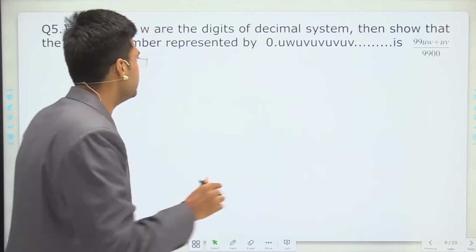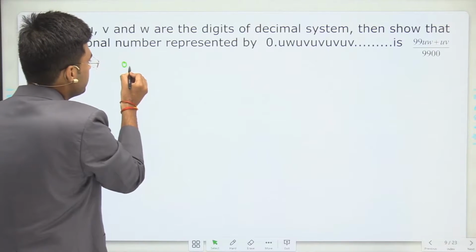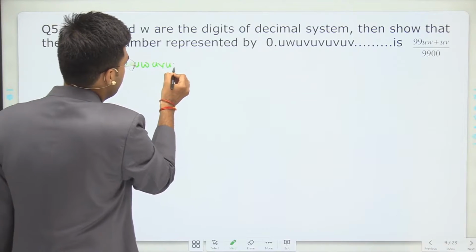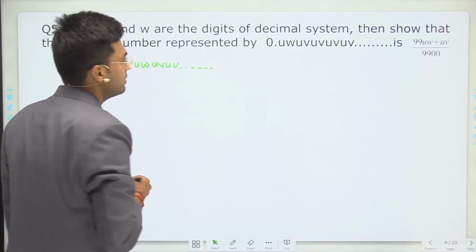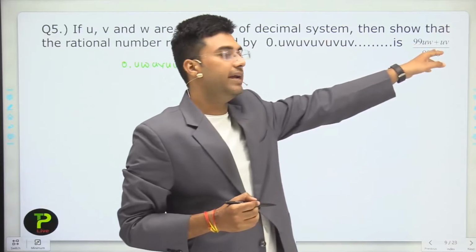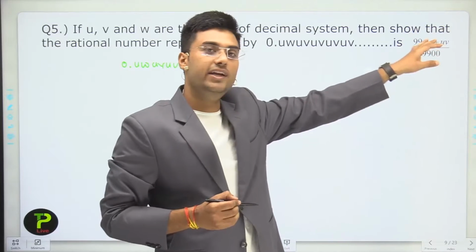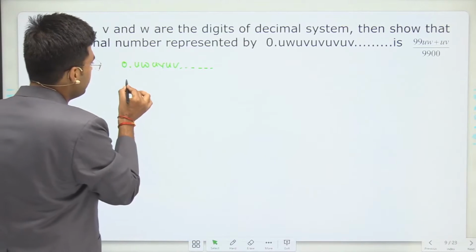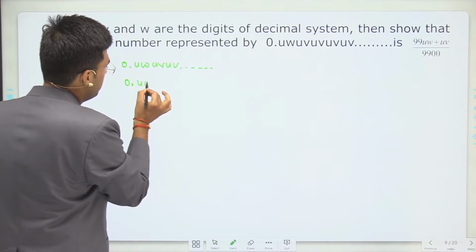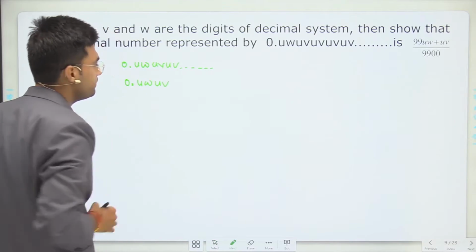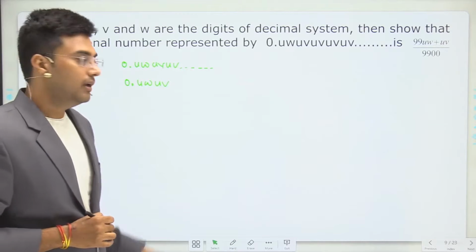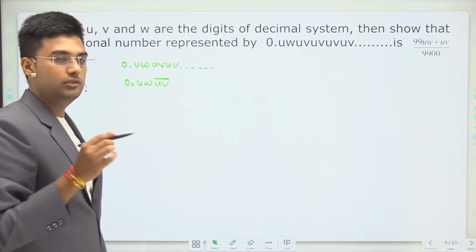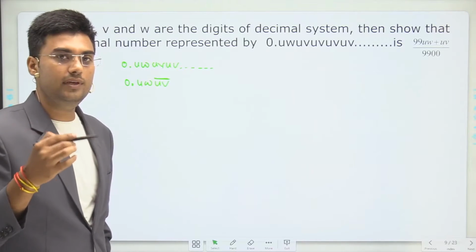So dear students, in the question it is given that 0.UW UV bar can be written in the form of 99 UW plus UV divided by 9900. So we can write this number as 0.UW UV bar.